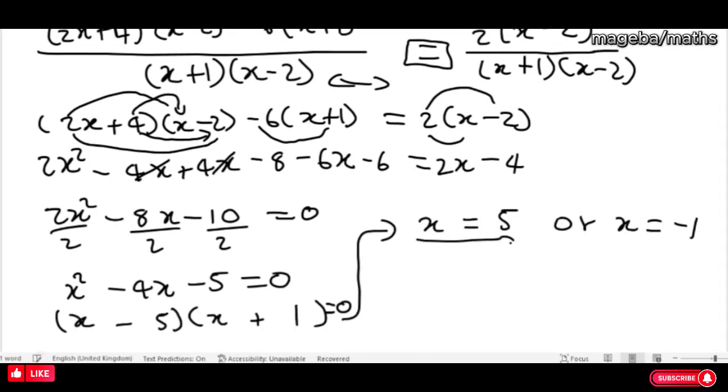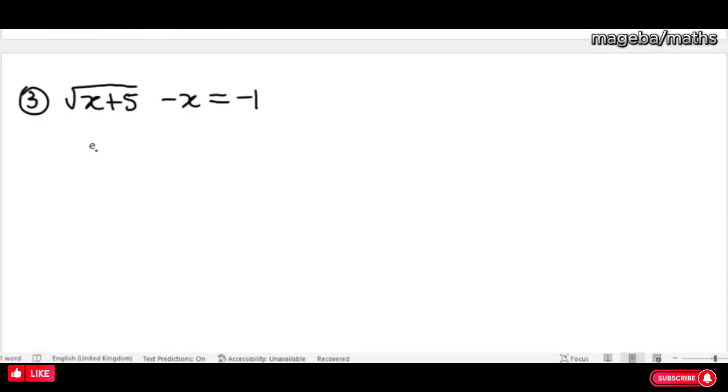Now going to the last question that I prepared for you is this one, which has the square root, and we're having minus x is equal to negative 1. From here, before I do anything else, I must make sure that something that has a square root is left alone on the one side, and then something that doesn't have a square root is on the other side.